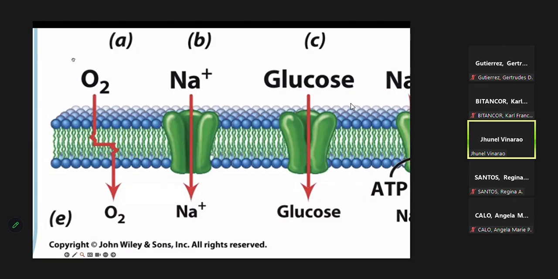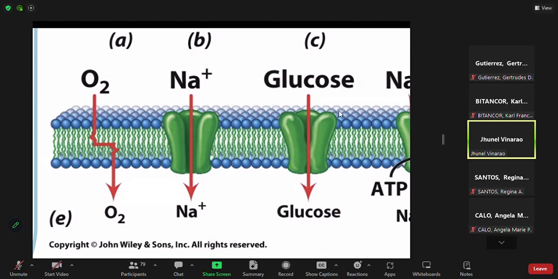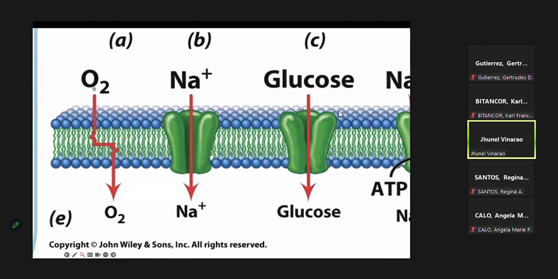If there are two oxygens, let's say, for example, the electronegativity of one oxygen is 1, the other oxygen is 1. 1 minus 1 is 0. So there's no electronegativity difference, which means it is non-polar, right? So that's why it can freely cross the cell membrane.